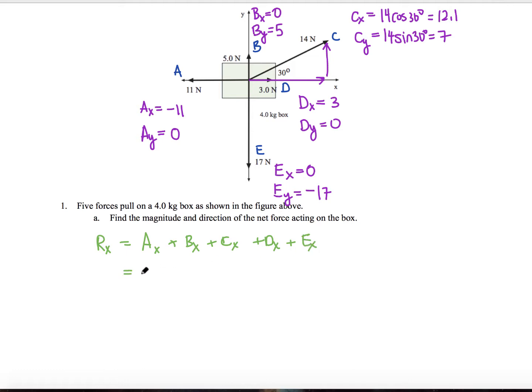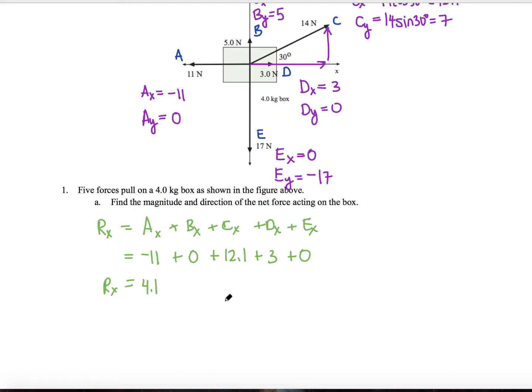AX is negative 11, BX is 0, CX was positive 12.1, DX positive 3, and EX is 0, which is 4.1. So it's positive 4.1 is what I found.